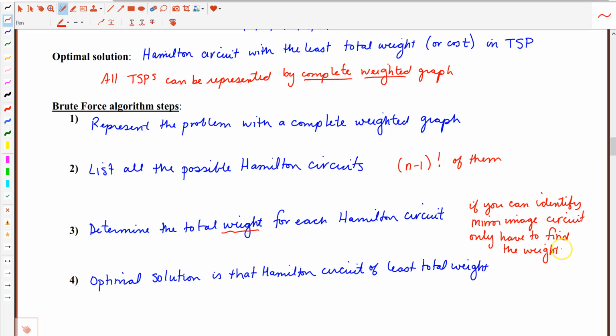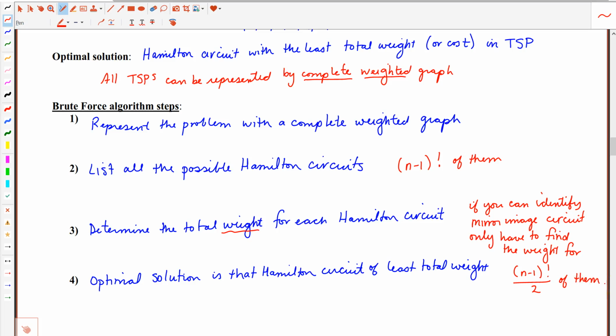So this gives us the counting argument for how many there are total. We'll just have to find the weight for half of them. Alright, so that's going to be a nice thing. It's going to cut our workload in half.